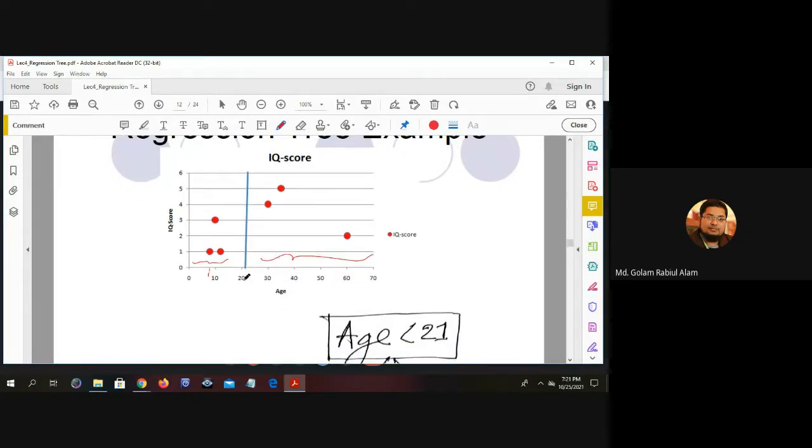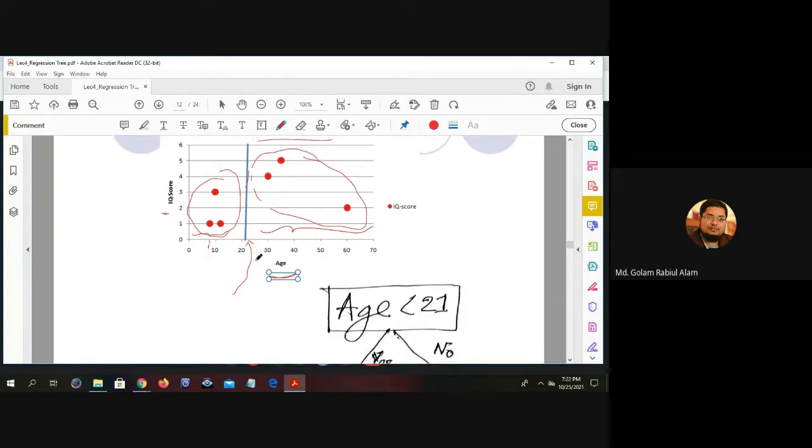Like here, you can say the age and the IQ score is 21. If we plot the data set, we can see that this has already partitioned our IQ score, or maybe our data set, into two segments. In one segment, these are the elements, and in the other segment, these are the elements.